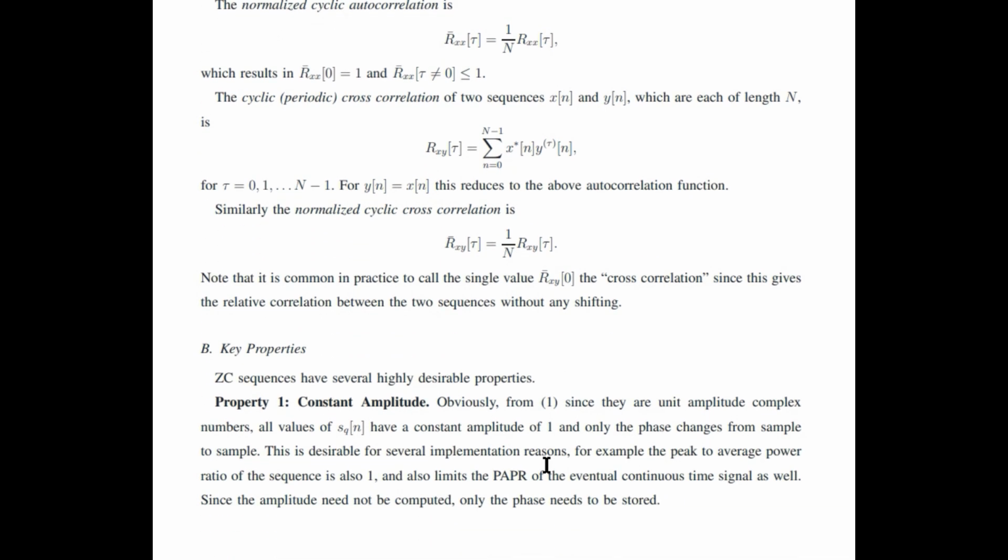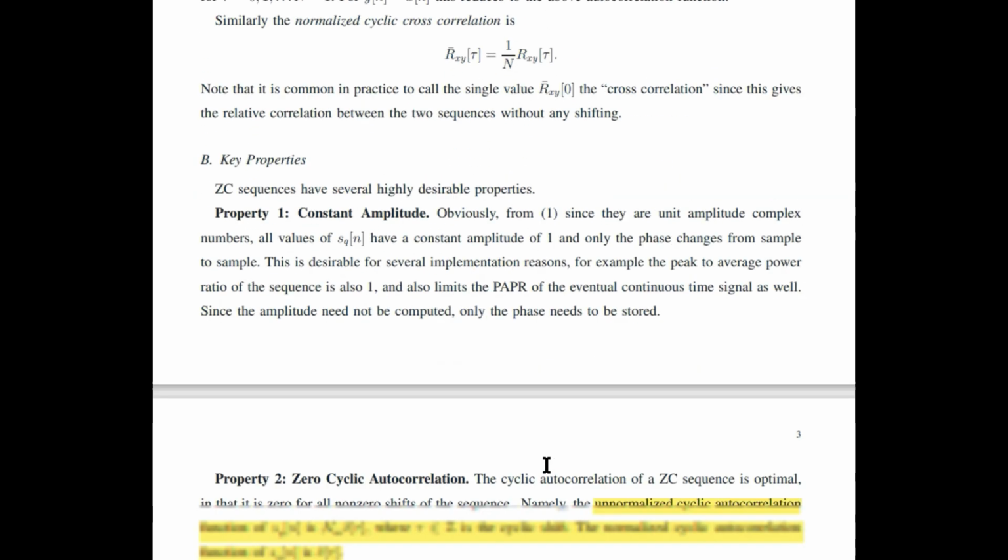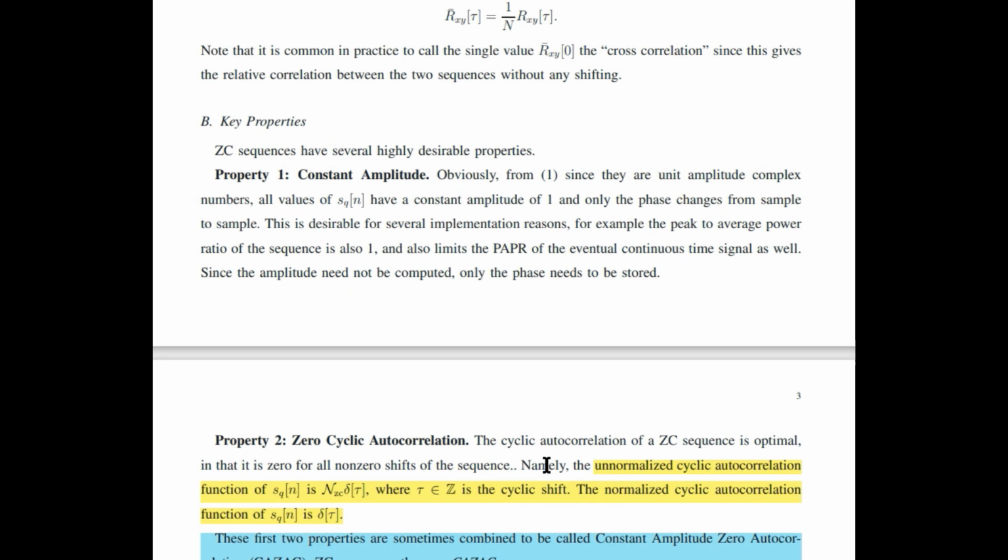Let us discuss some properties of the ZC sequence. The first property is constant amplitude. The amplitude will always be 1, and only the phase changes from sample to sample. This is desirable for several implementation reasons.